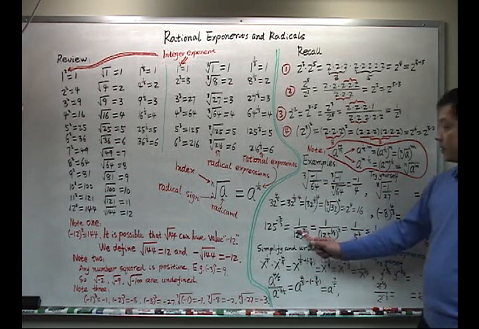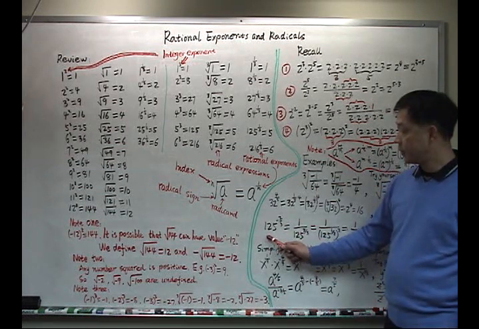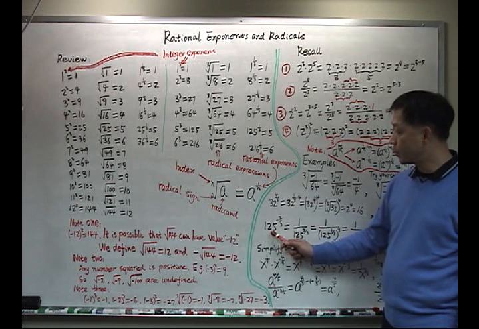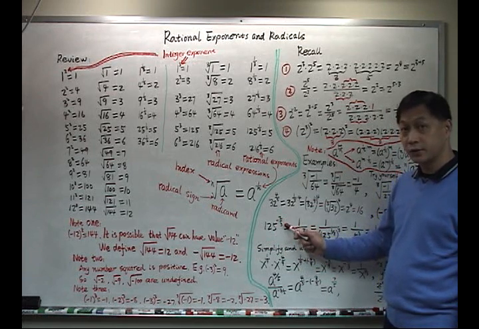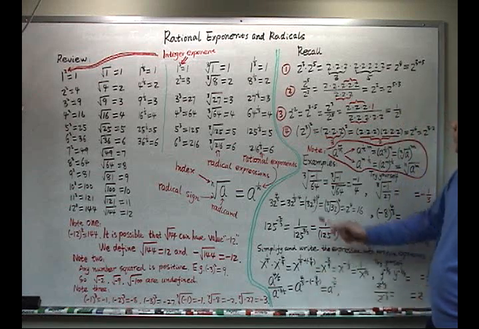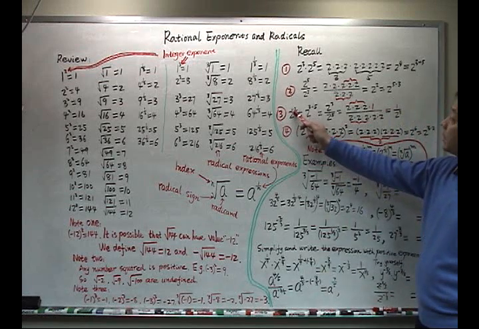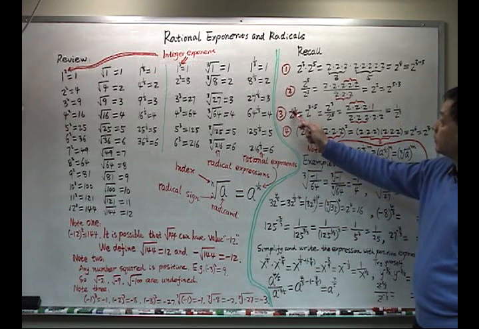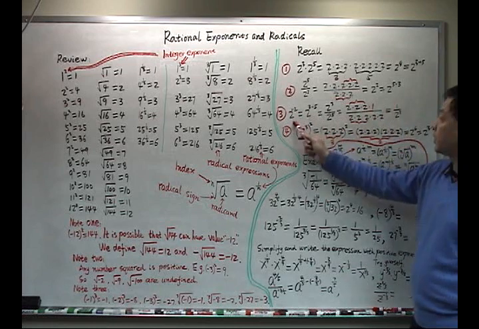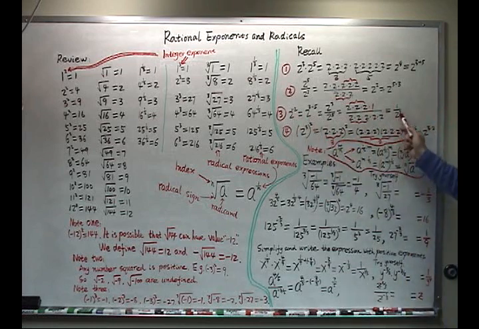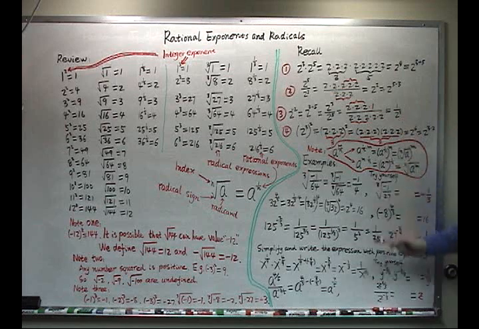Now, let's look at this example. This example says 125 to the negative 2/3. Now, this one tells us that with a negative exponent, if you want to delete this negative sign, you have to put 1 upstairs, and downstairs is the base to the 2/3 without the negative exponent.